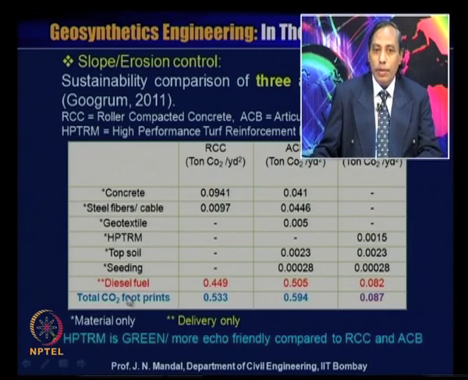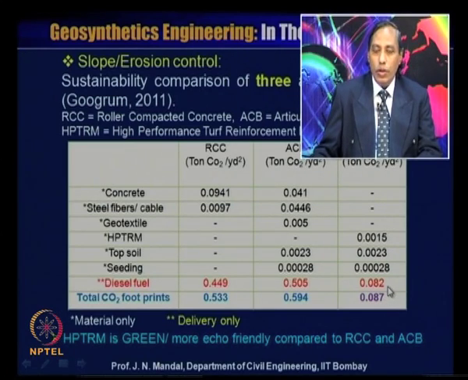For RCC, roller compacted concrete, you require 0.449 ton carbon dioxide per year. For the ACB, articulated concrete block, you require 0.505. On the other hand, for the HPTRM, or high performance turf reinforcement mat, you require only 0.082 ton carbon dioxide per year.